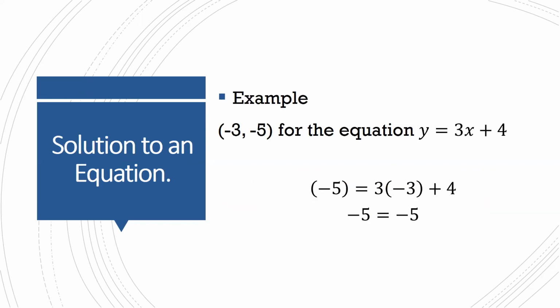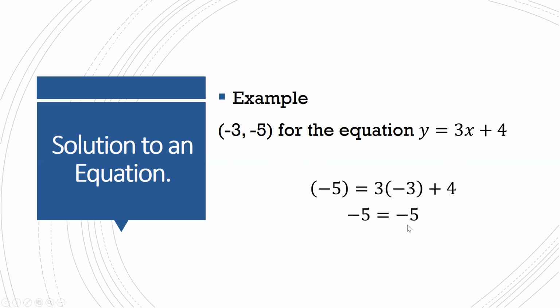So for example, if we take the linear equation y equals 3x plus 4, if you plug in the ordered pair -3, -5, that is, I plug in -3 for the x value and -5 for the y value, what you'll get is a statement that says -5 is equal to -5.